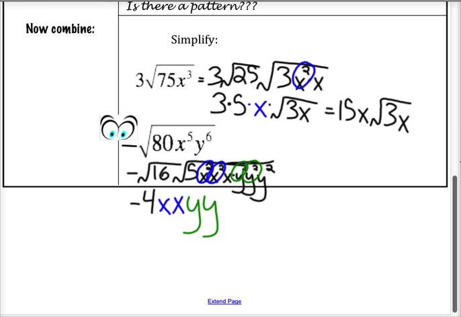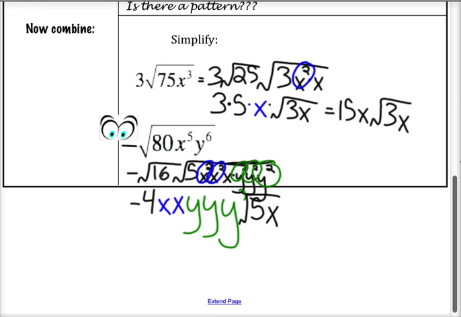That y squared pulls out as a y. And that y squared pulls out as a y. And what do we have left inside the radical? Well, I see a 5 and an x that are going to end up being left inside the radical that can't be pulled out.